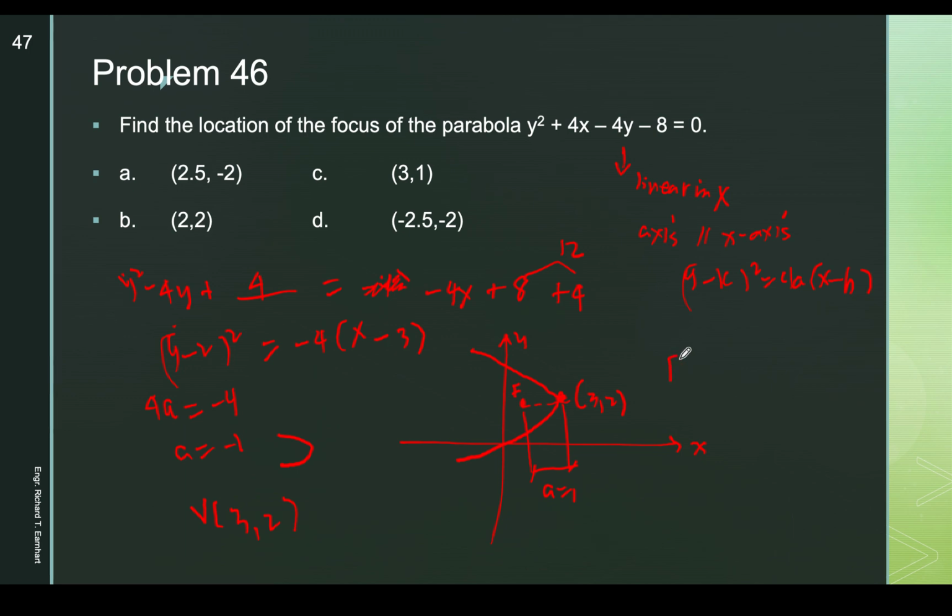Therefore, the y coordinate of the focus will be the same as that of the vertex, on the same horizontal line. So 2 here, and then 3 minus 1, if this is 3, 1 unit to the left will give you 2. And so therefore, the coordinates of the focus is at (2, 2).